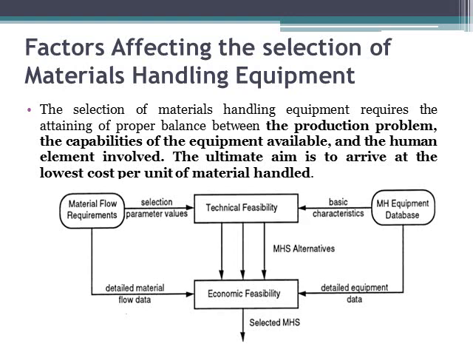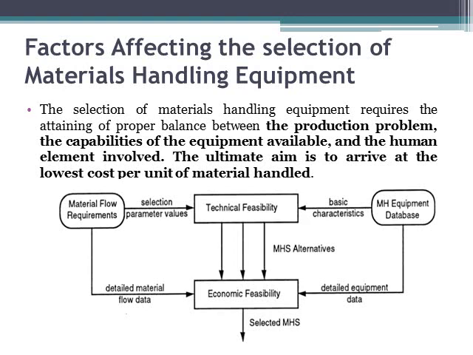According to the figure shown in the slide, we need to check the technical feasibility by checking material flow requirements as well as the material handling equipment database. Material flow requirements will be our input, based on which we choose all the parameters, and the material handling equipment database will give the different alternatives.